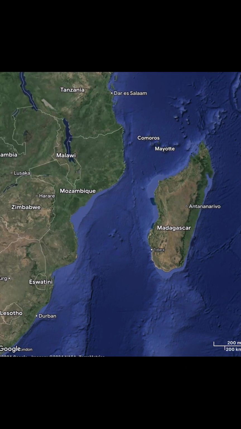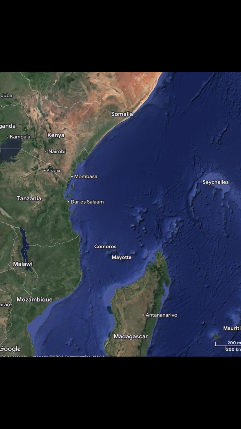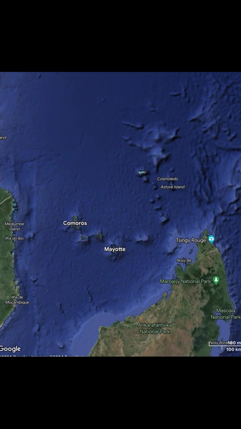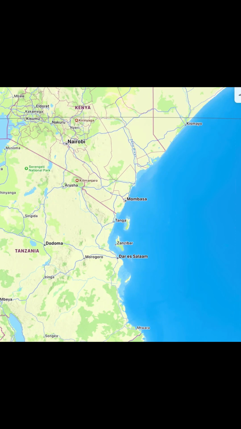A version of Swahili is also spoken in Madagascar and the Comoros Islands. How did Swahili come about?